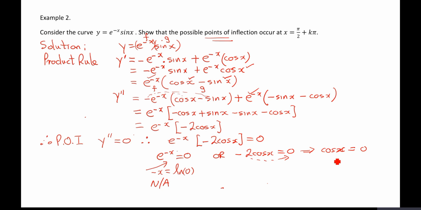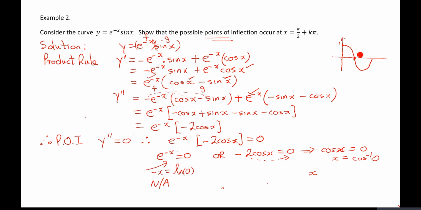So let's go to cos x. If cos x is equal to 0, do you recall the cos graph? Where does that start? At 1, 0.